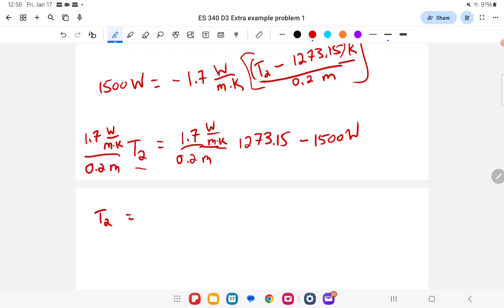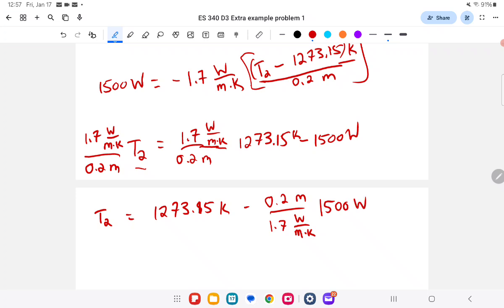So T2 has to be equal to 1273.15 Kelvin minus 0.2 meters divided by 1.7 watts per meter Kelvin times 1500 watts.